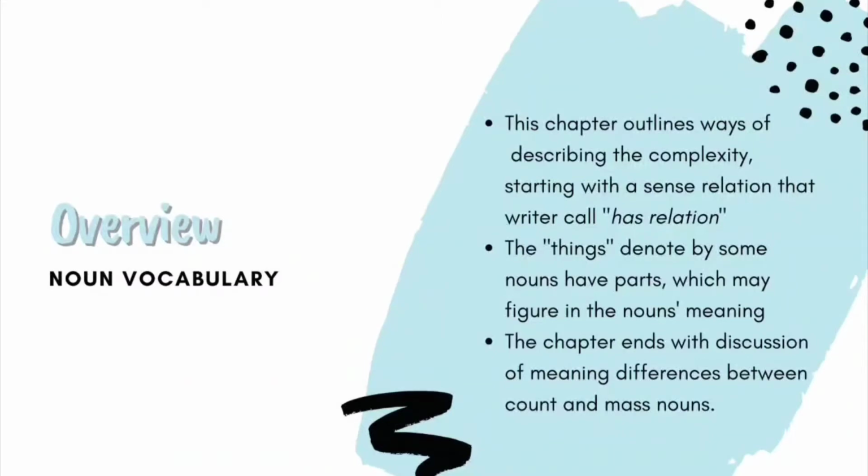Contrasts between the different kinds under a given superordinate are mainly captured through a sense relation called incompatibility, also to be explained soon. And then the chapter ends with a discussion of meaning differences between count and mass nouns.